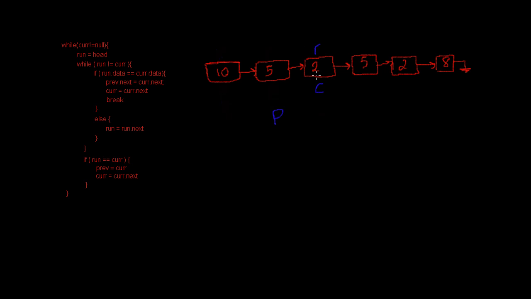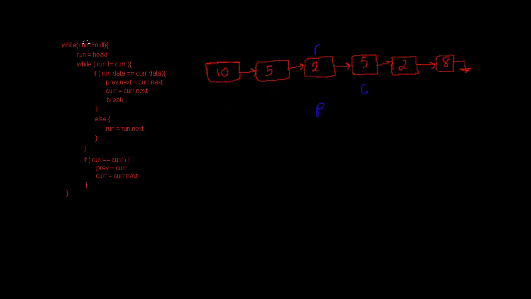In this case, runner and current are at the same position, so this while loop terminates, and we go to this if statement. Runner and current, as we said, are looking at the same node. In this case, we move the previous to current's position, and we're going to move this current to the next node. So current is going to go here.